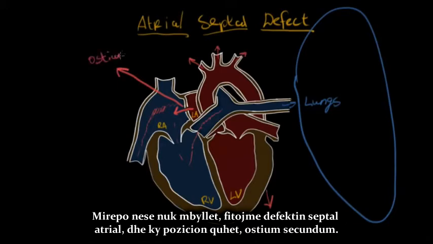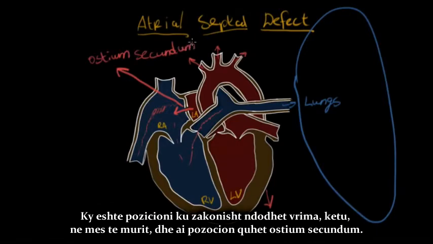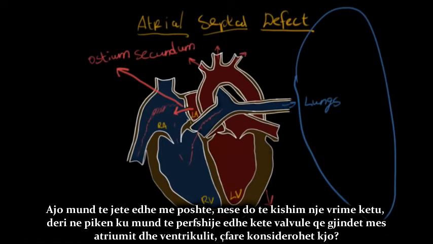And this positioning is called ostium secundum. All right, so that's the position, that's the place where we usually have it, right there in the middle of the wall, and that is considered ostium secundum. But it can also be lower down.